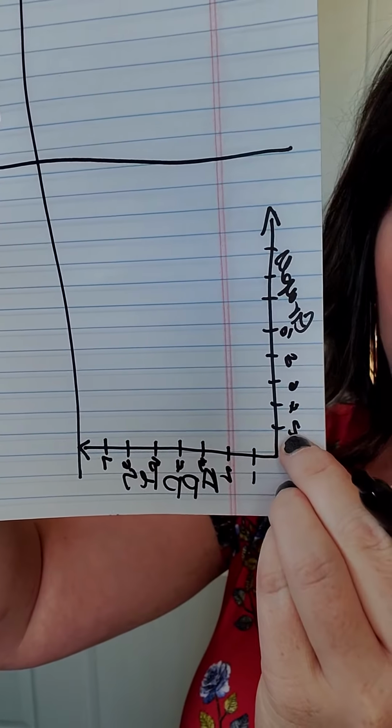So my function rule, the rule that applies to all of these numbers, is multiplying by 2. So x is being multiplied by 2, and my answer would be whatever is in the y column. So when we write x times 2, we write it as 2x equals, and then whatever's in the y column would be my answer. So it's going to be equal y.